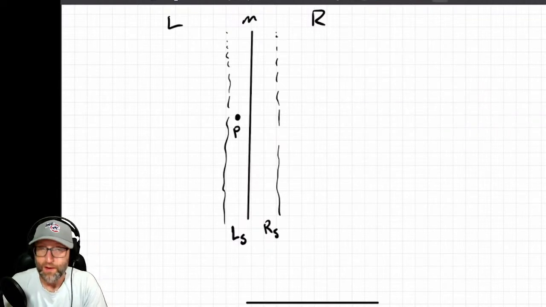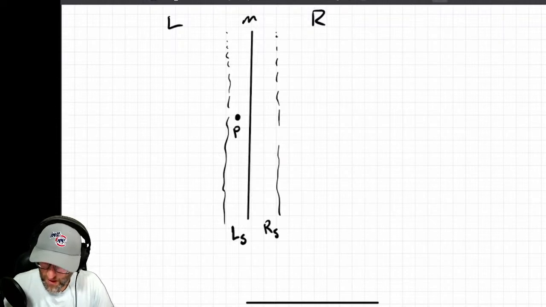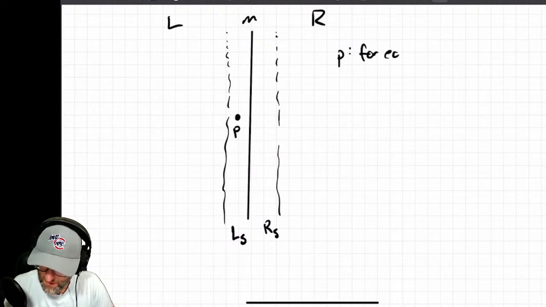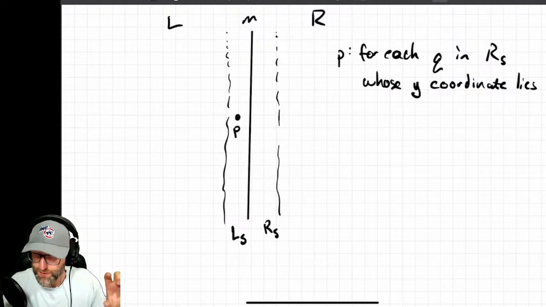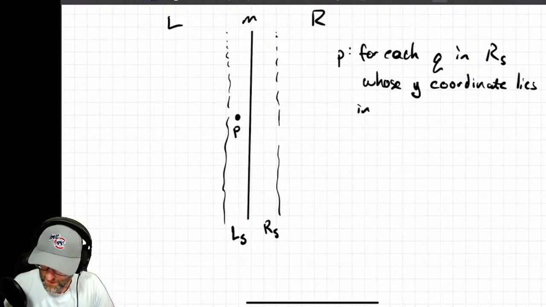How do you do this instead? Same trick as before. If I've got a P here, I only need to look at, for each Q in the right slice, whose y coordinate lies in a horizontal slice between p.y minus delta and p.y plus delta.